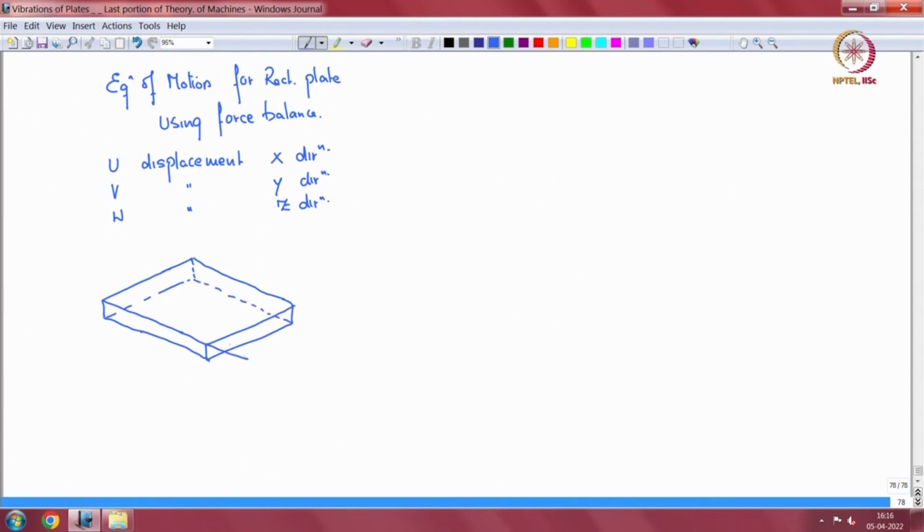So this is my middle plane, that is x, that's my mid plane, that's y, and that is z.